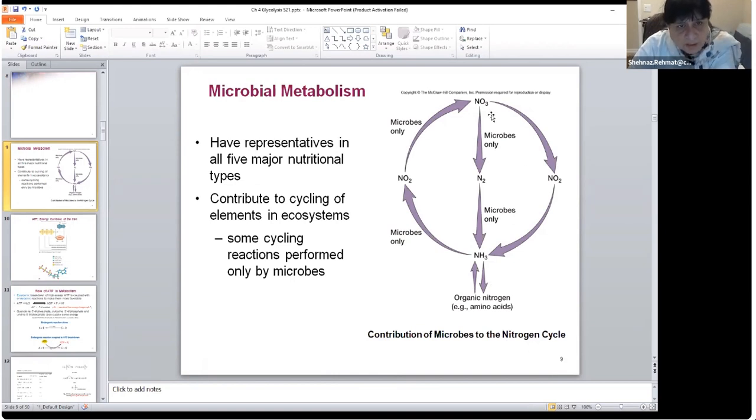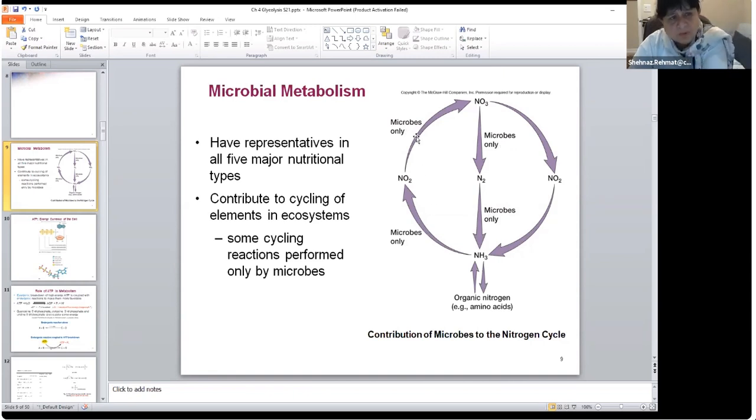Within the nitrogen cycle, we can see the nitrates to nitrites to ammonia, and also nitrates to ammonia through the nitrogen pathway. You can see a lot of these pathways are microbe dependent. Do you see that? So these microbes are actually running the whole nitrogen cycle for us. Just an example. You could look at other cycles also in nature.